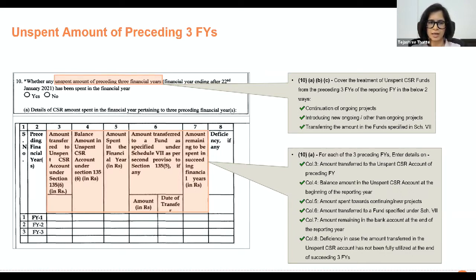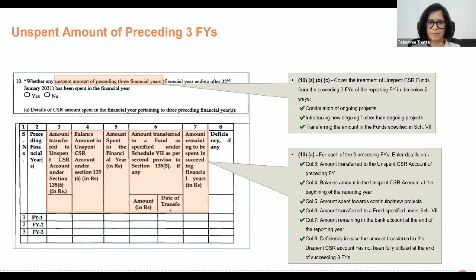So as per the CSR amendment rules, as we all know, any amount unutilized in the CSR projects of 2021 and onward should be utilized in the upcoming 3 financial years. But this rule was not applicable to CSR obligations of financial year 1920 and before. Hence, this table should be empty when filing this form for financial year 2021.